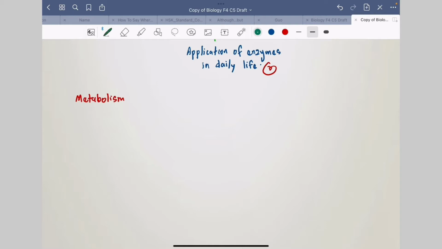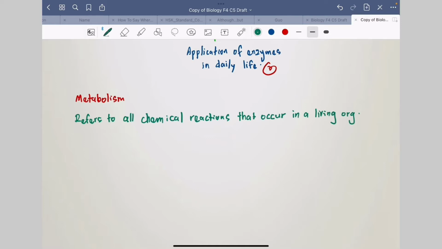In a sentence, we say that metabolism refers to all chemical reactions that occur in a living organism. In the living organism, because animals and fungi also have metabolisms in their body.